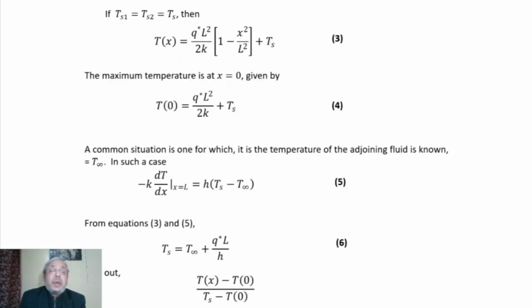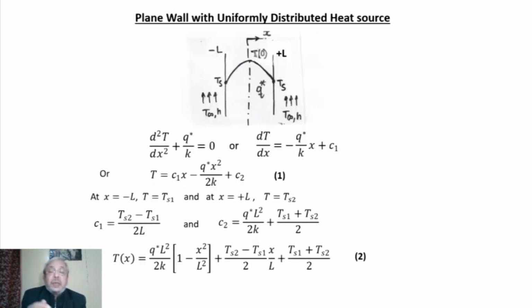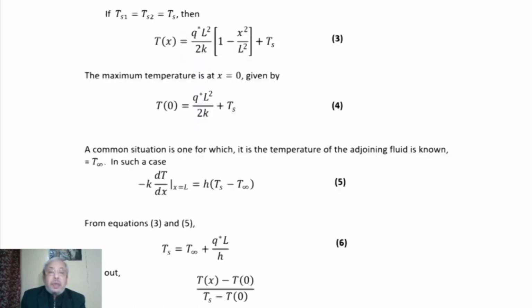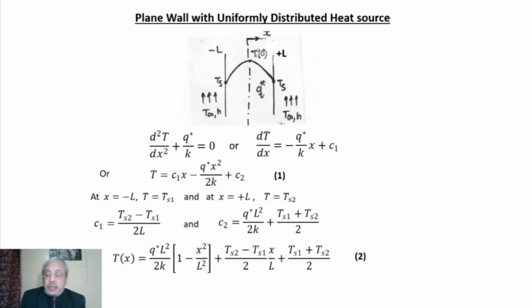Next, we will assume Ts1 and Ts2 are the same, equal to Ts, which is basically what our figure shows also. Then the expression for temperature distribution T(x) becomes a little simpler, because the Ts2 and Ts1 terms get cancelled out, and (Ts1 plus Ts2) by 2 is twice Ts by 2, which is Ts.